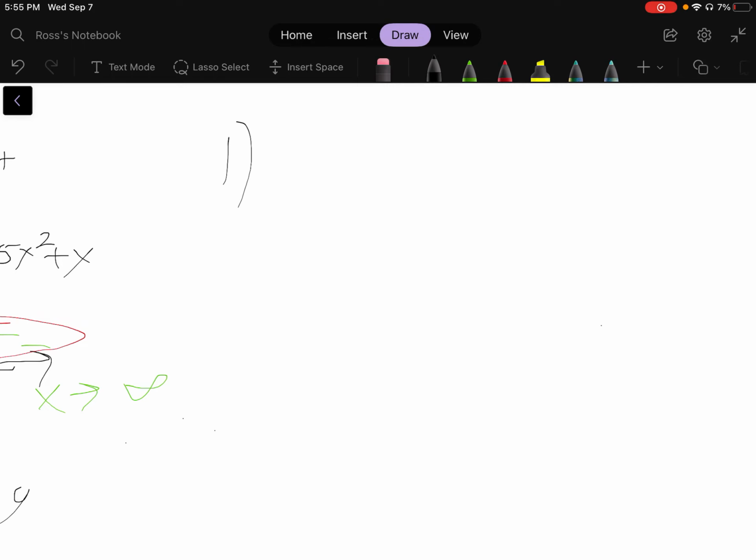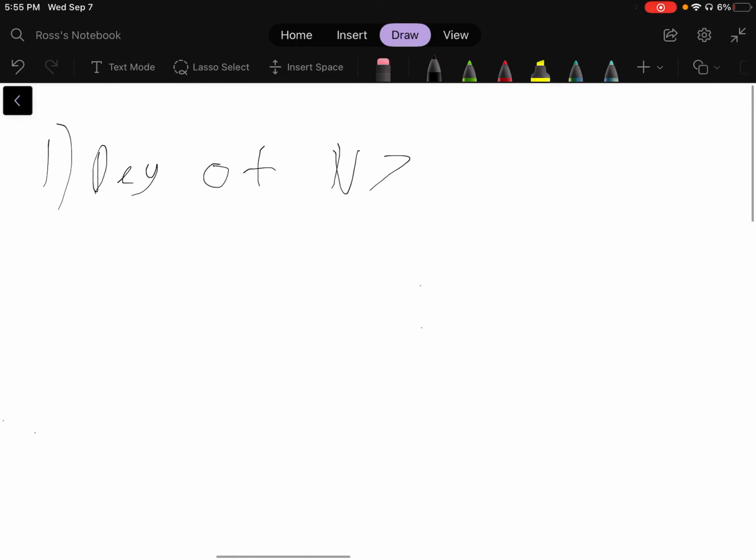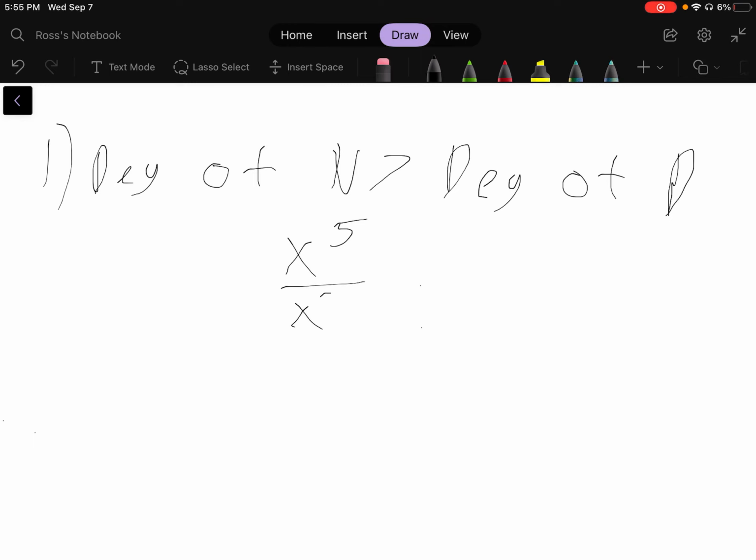So number one is degree of numerator greater than degree of denominator. I'm going to use some shorthand because it's very awkward to write on this. Example, x to the fifth over x cubed.